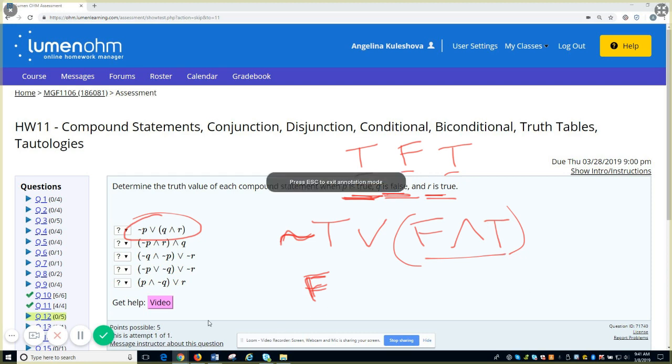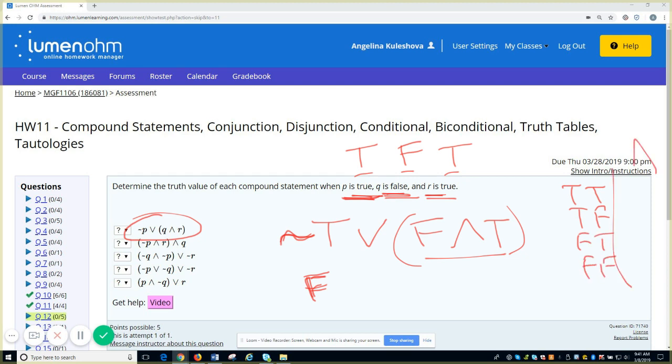Our basic table will tell us that we have two trues. So we're basically looking at the AND operation when the input is false and true, and the result of that is false. So looking at that third row will tell you that the answer to this is false.